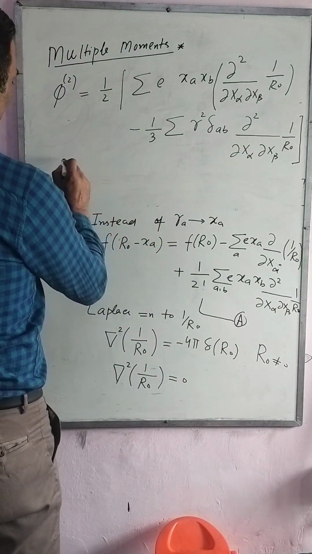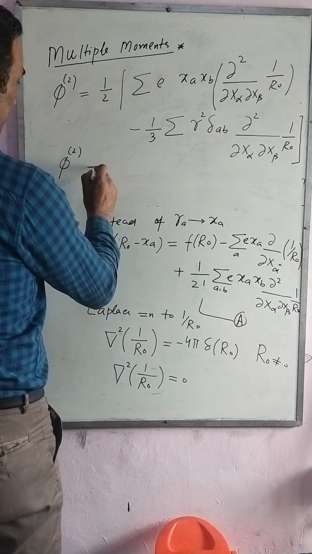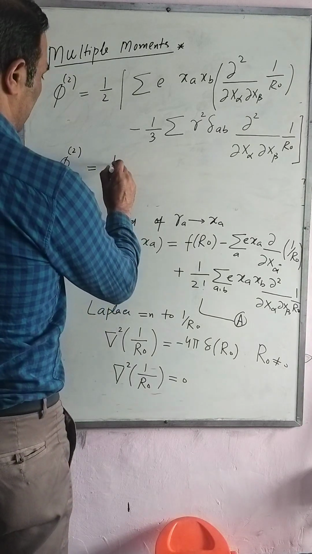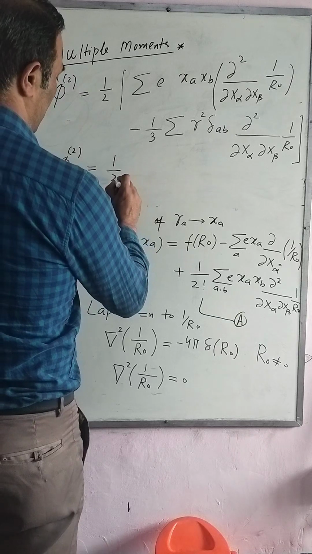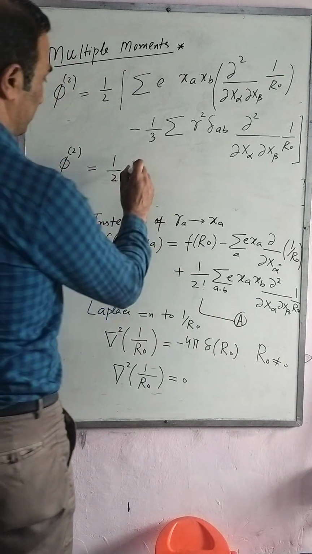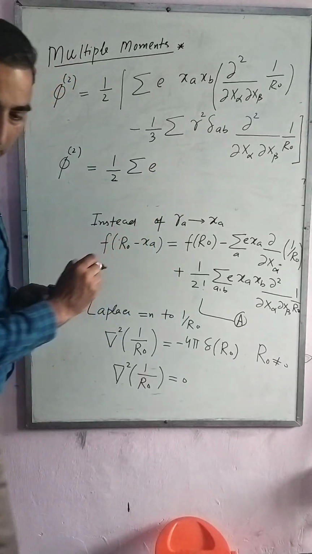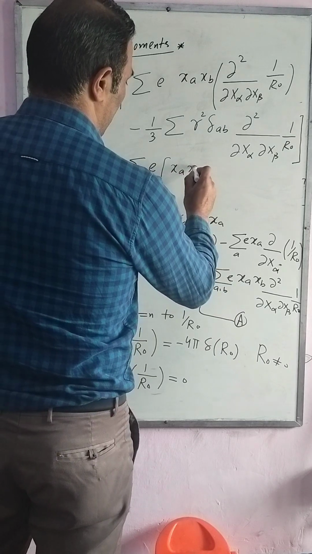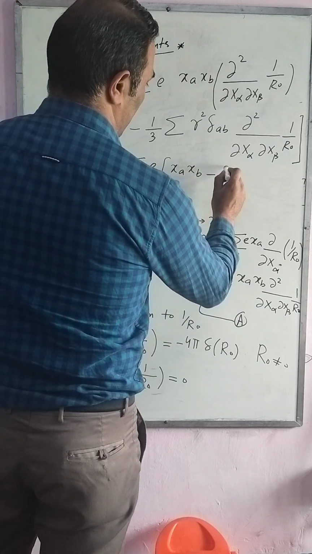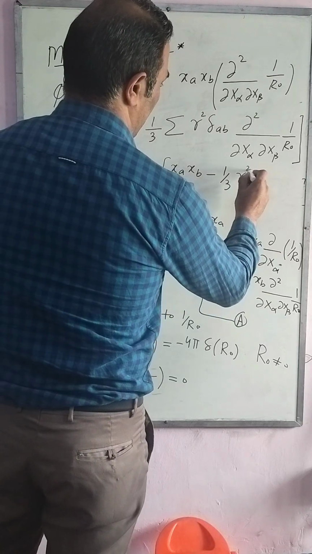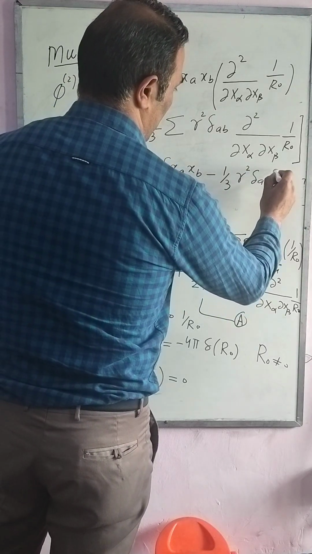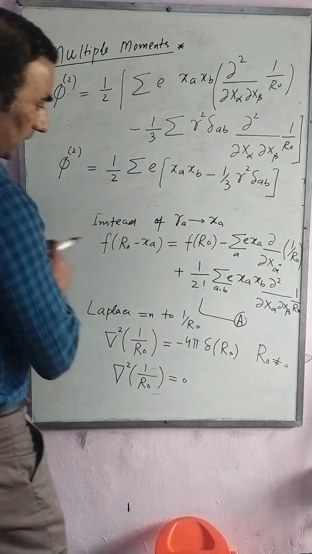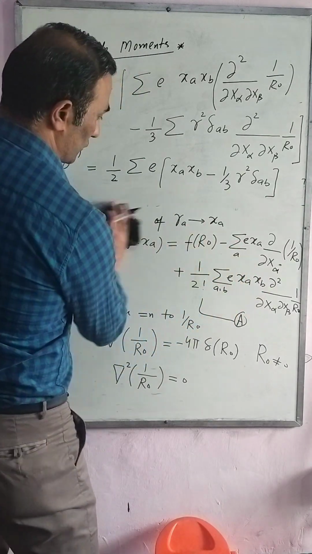So this term will be equal to summation over e. So we need to take this term outside now.